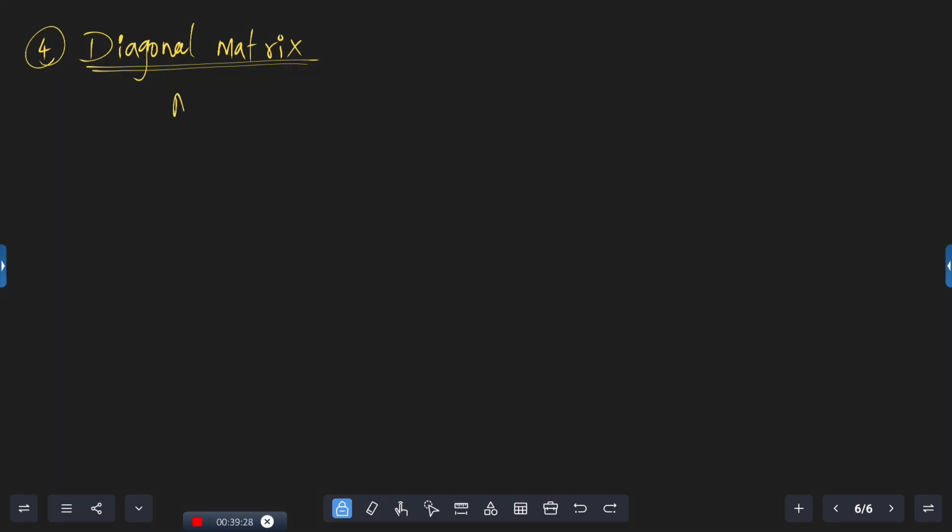A square matrix B equal to Bij, or A equal to Aij, where row and column are equal. We have already seen that in a square matrix the row and column counts must be equal.